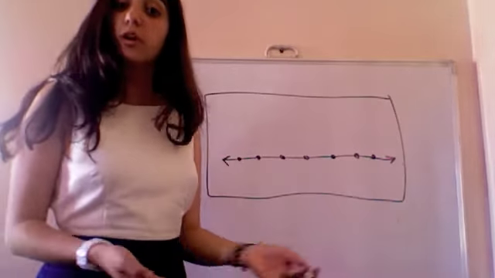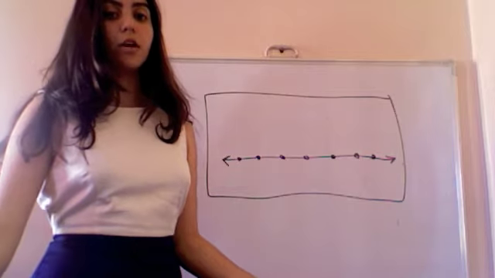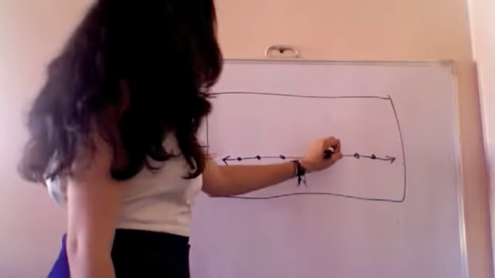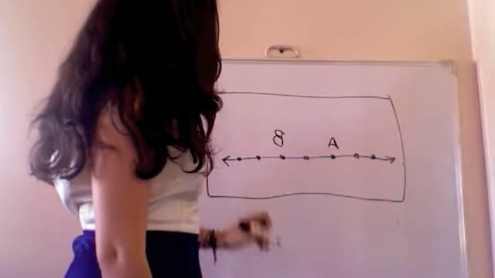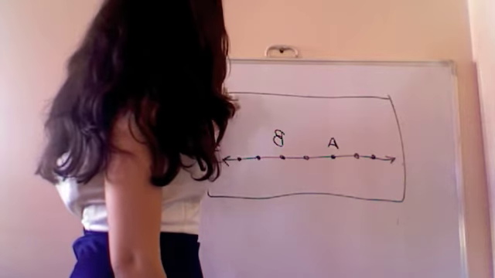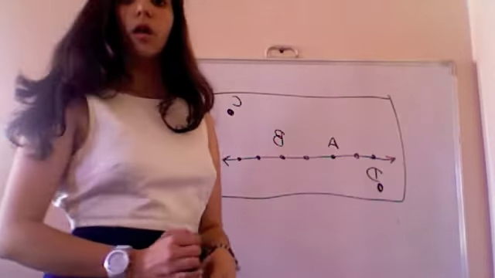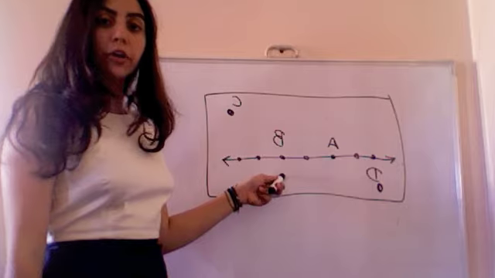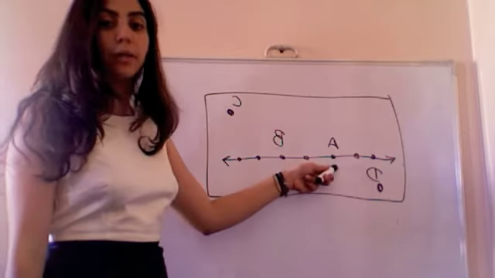Which brings us to our next topic, collinear and coplanar points. For example, let's name these dots: dots A, B, C, and D. Points A and B are collinear points because they're both on the same line.